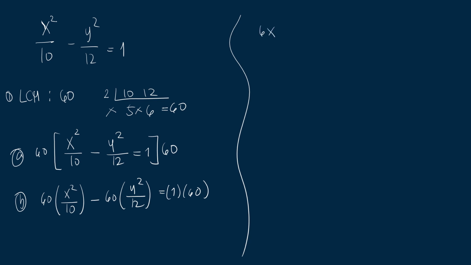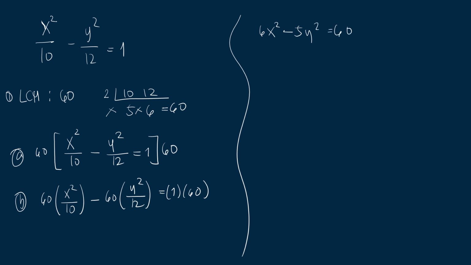Then we put x squared beside it because it has no other accompanying constant, no minus 1, plus 1, plus 3, or minus 3. So directly put it beside the constant we got. And then, continuing, 60 divided by 12, the answer would be 5. So you will write negative 5y squared is equal to 60.